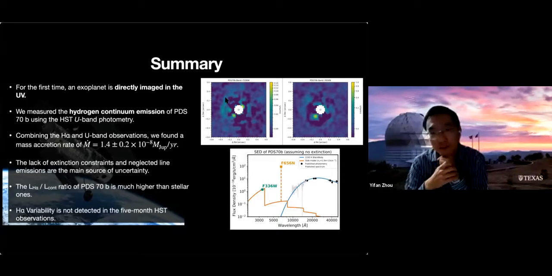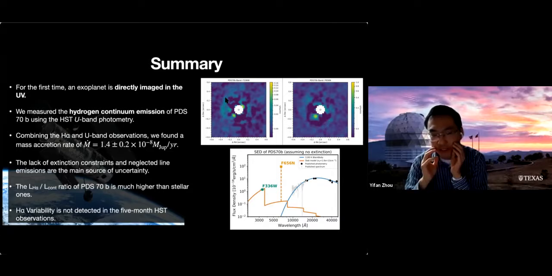So yeah, I need to think about this, because I think so far the theoretical studies of planetary accretion producing this hydrogen continuum emission, as far as I know, are quite limited.